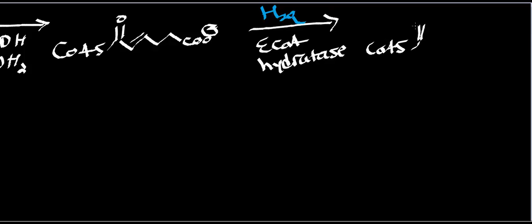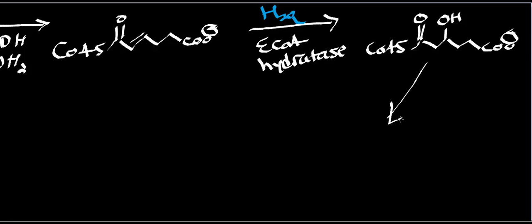Of course, that's where you have water coming into the reaction, and it's basically going to make something that we've seen something very similar to. It's going to make a beta hydroxy acyl-CoA. Then you're going to have an NAD-dependent dehydrogenase. So this hydroxyl group at the beta position, here's the alpha, here's the beta, is going to be dehydrogenated.